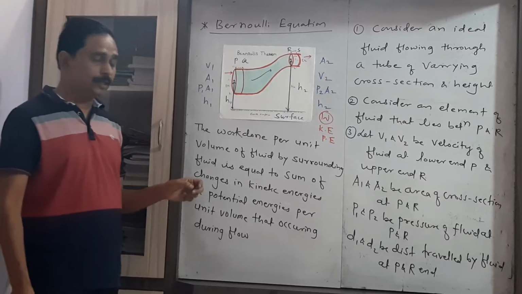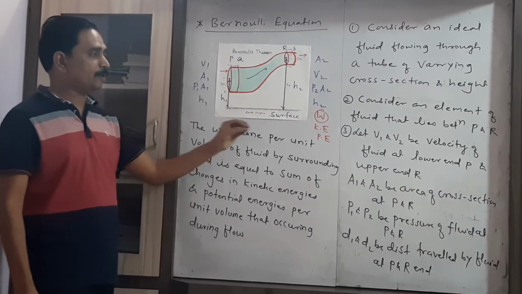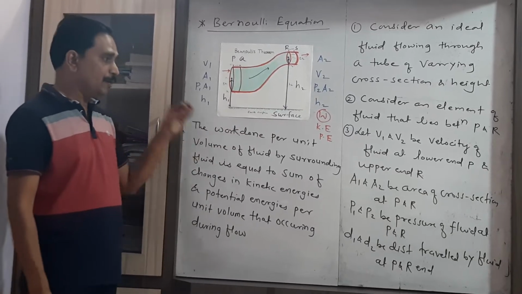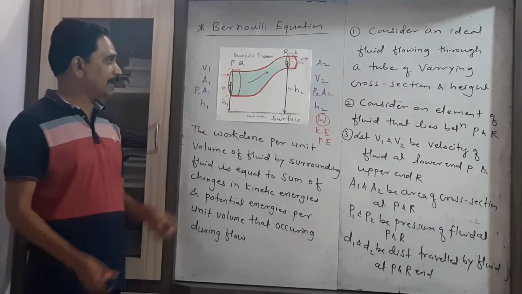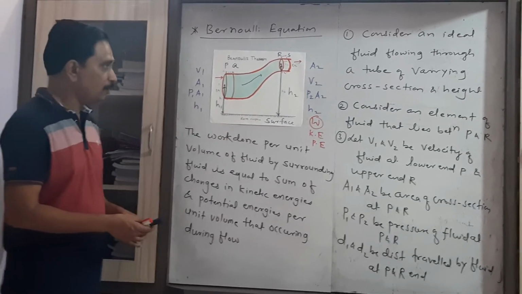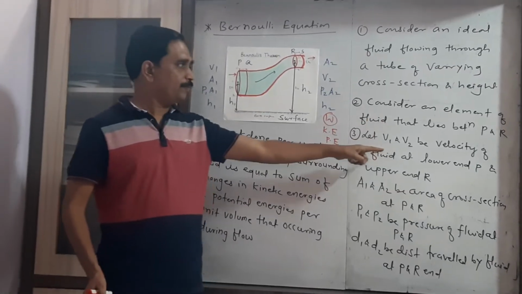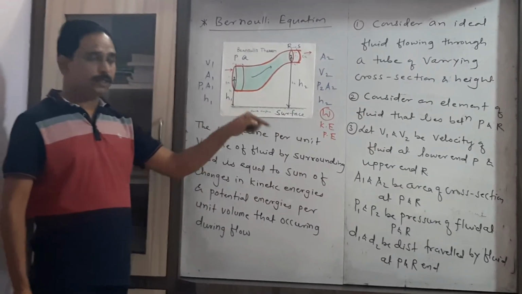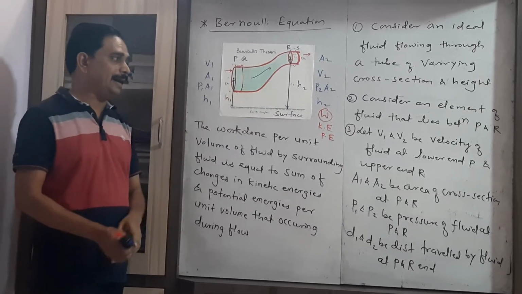Now let us consider the velocities at the two ends, the area of cross section at the two ends, the pressure of the fluid at the two ends, and the distance travelled by the fluid at the two ends. So let V1 and V2 be the velocities of the fluid at the P end and at the R end.